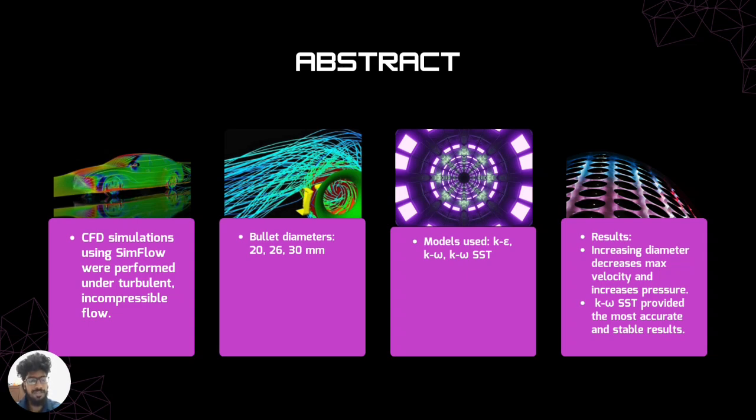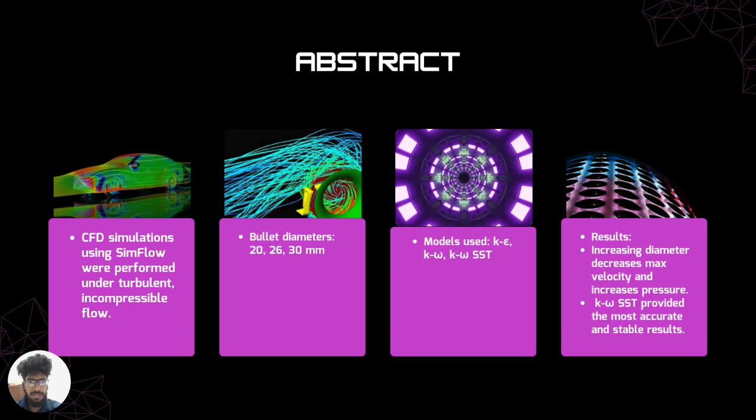We evaluate three turbulence models, which are K epsilon, K omega, and K omega SST, and also three bullet diameters, which are 20, 26, and 30 mm. Our purpose was to study how these variables affect velocity and pressure around the bullet.